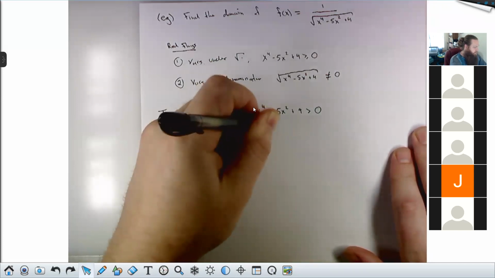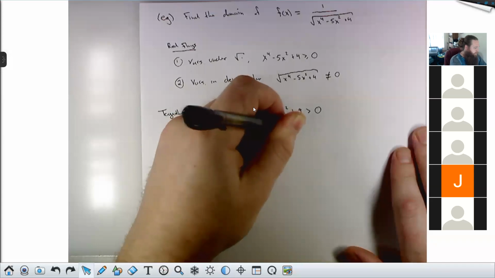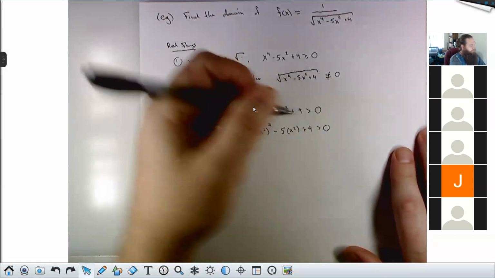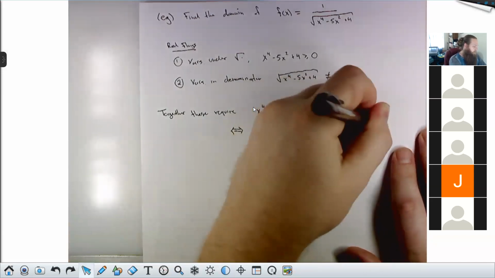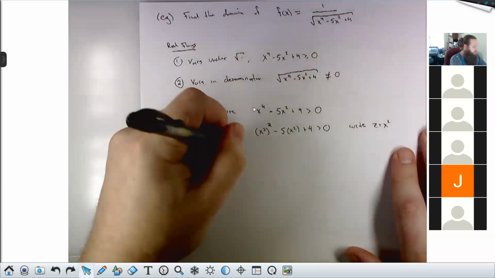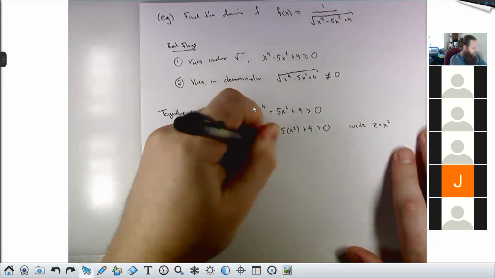x squared squared minus 5x squared plus 4 is greater than 0. And some people like to write some other symbol. I'll say z equals x squared, so they can just focus on thinking of it as a quadratic.